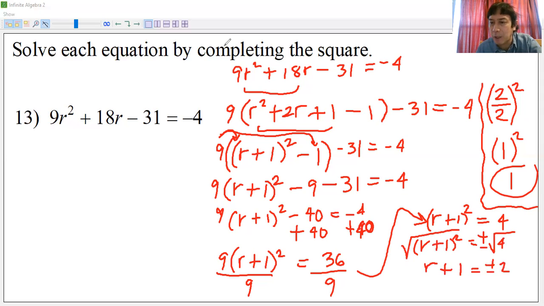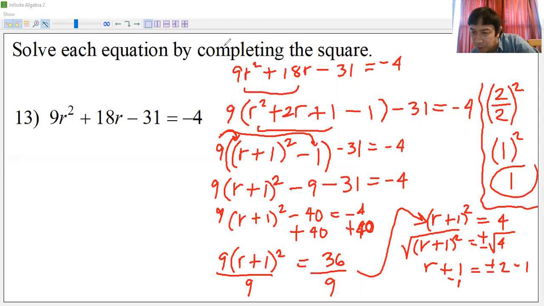And the next line will be r. We are going to subtract 1 from both sides, minus 1 and minus 1. Let's continue on the other side.